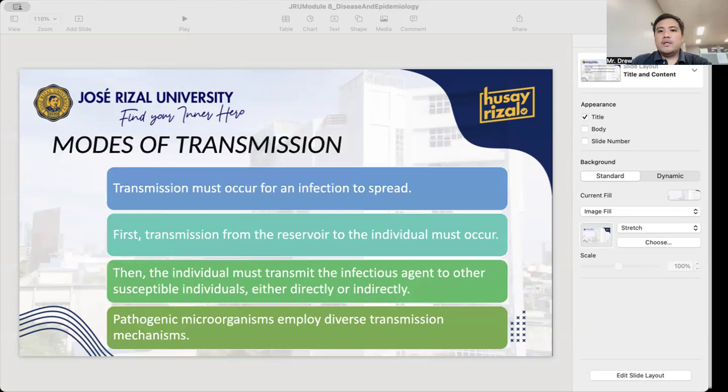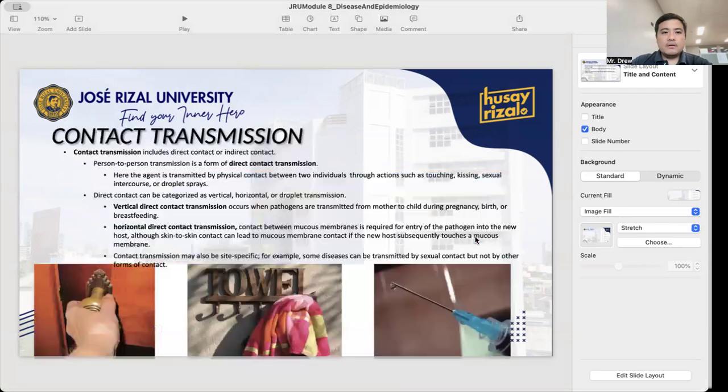So we have contact transmission. Direct contact transmission, person to person, like touching, kissing, and droplet sprays. Vertical transmission, mother to child, through pregnancy, birth, and breastfeeding. Horizontal transmission, mucous membrane contact, like sexual transmission.